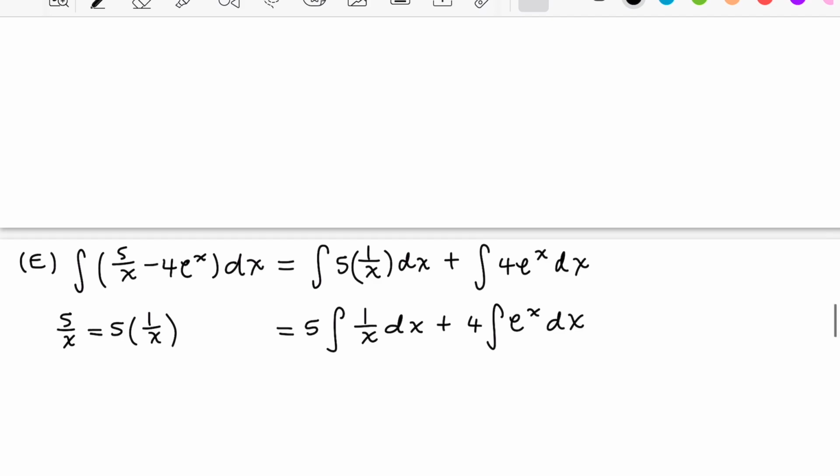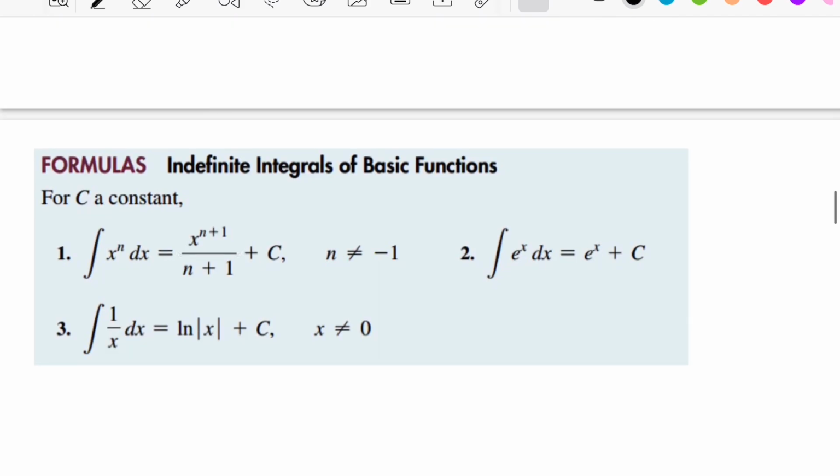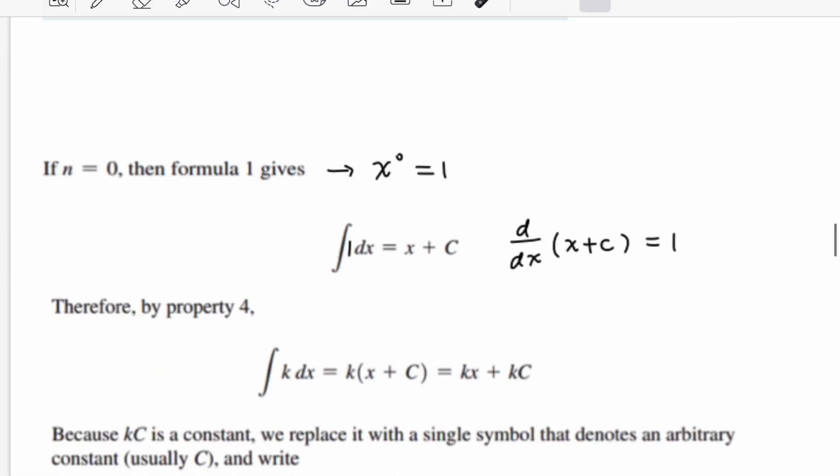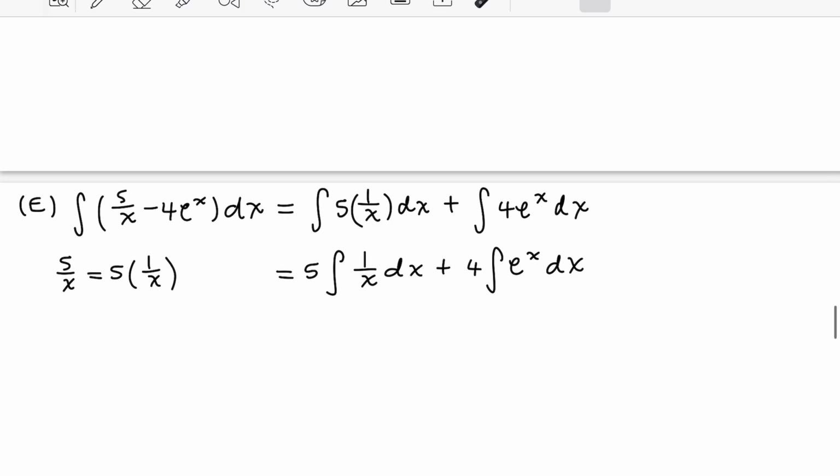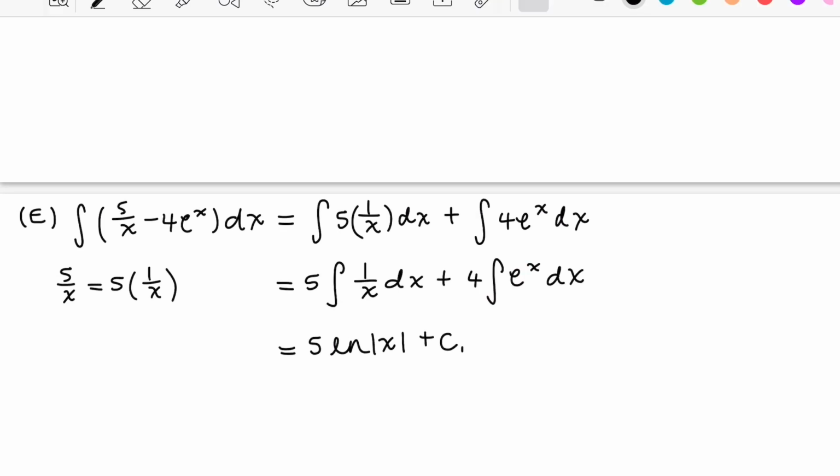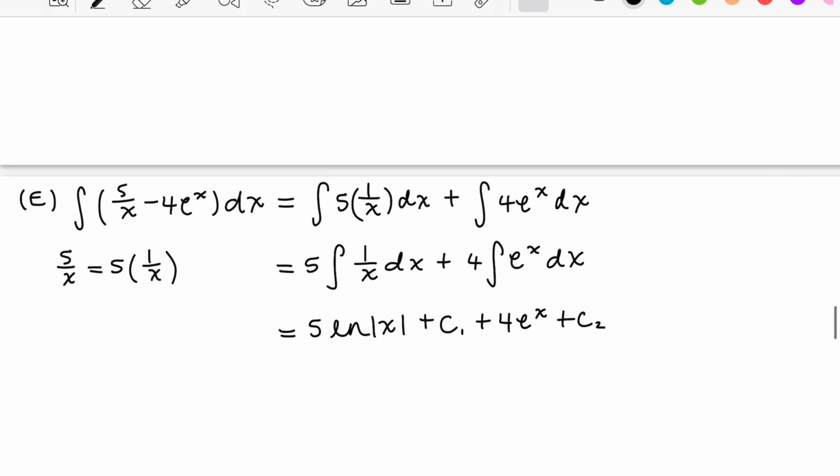Okay. So then we'll pull these constants out of both of these guys. All right, and then we saw from above that the integral of 1 over x is going to be ln x plus c. So for this guy, we'll get 5 times ln absolute value of x plus c. And then for this guy, we know the integral of e to the x is just e to the x plus c. So we'll get 4 times e to the x plus c. And then our last step is we'll combine these constants.